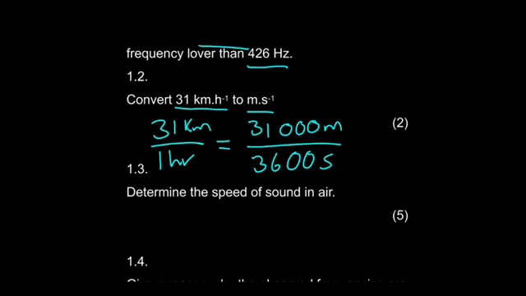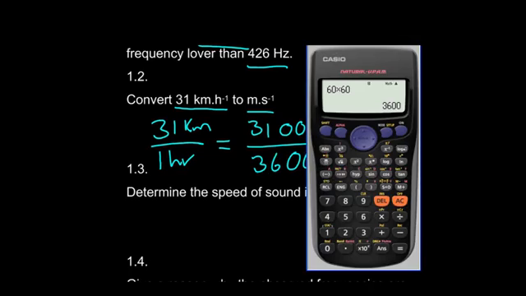Now, what you can see is that you've got 1,000 on the numerator and 3,600 on the denominator, but we could even divide the denominator by 1,000 as well, and then that would become 3,6. Then you'd get 31 divided by 3,6, which is the short way of doing it. It's not the way that I want to do it. I'm going to do it the long way and show you that we get the same answer.